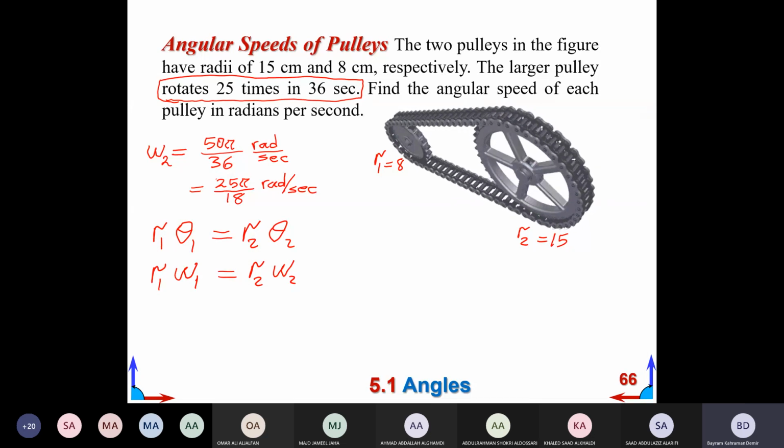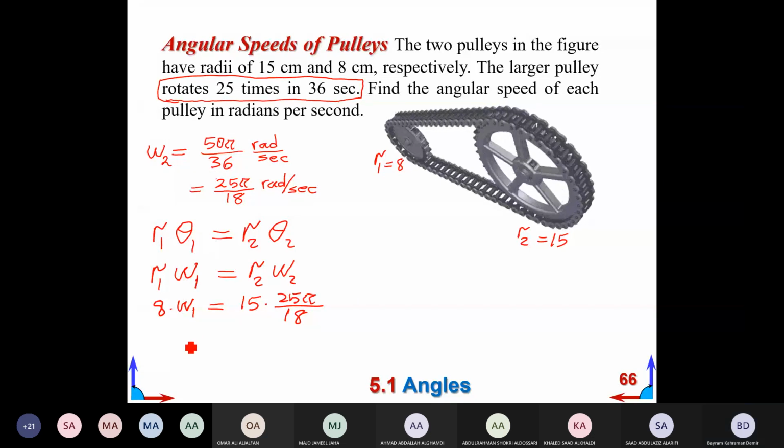R1 omega 1 equals R2 omega 2. Well, I know R1 is 8. R1 times omega 1 is equal to R2, which is 15, times 25 pi over 18. Now I just need omega 1.